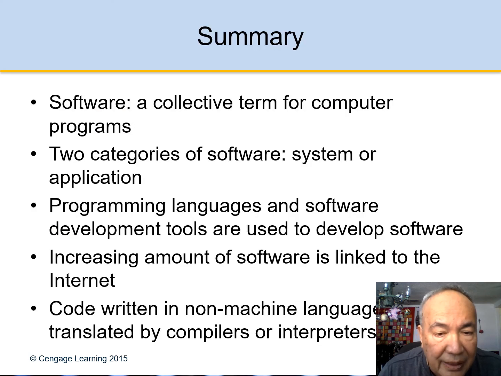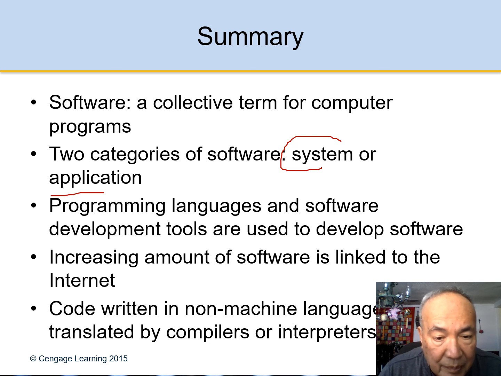Summary. We have a collective term for computer programs: software means programs. We have system software, application software, and programming languages to be able to give instructions to the computer on how to do it. This is something that you learn, whatever language you want to learn.